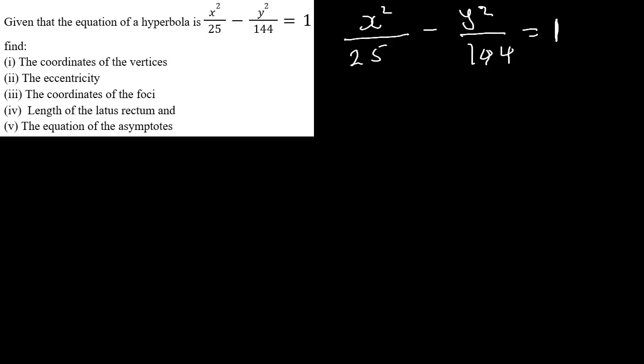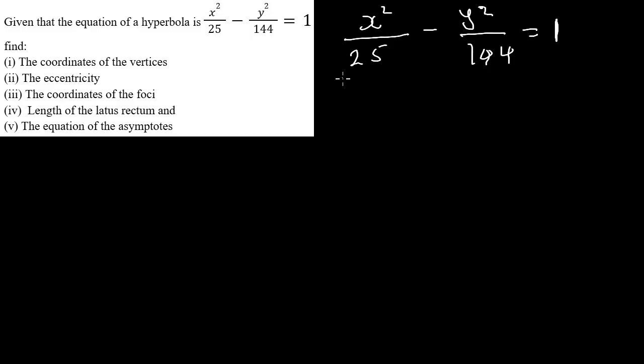Am I communicating? The sign can help you. If the positive sign is associated with the x part, it is horizontal. But if the positive part is associated with the y part, it is a vertical hyperbola. Excellent. So this hyperbola is horizontally orientated.